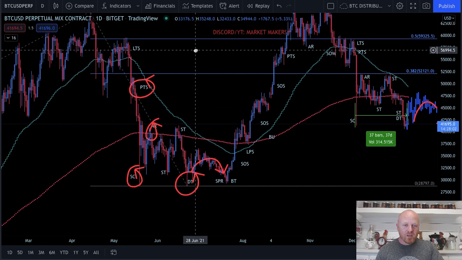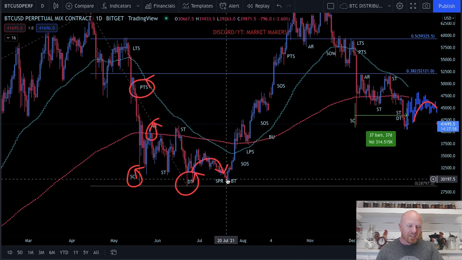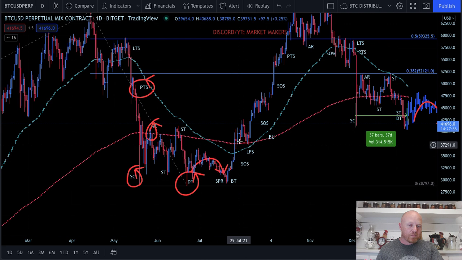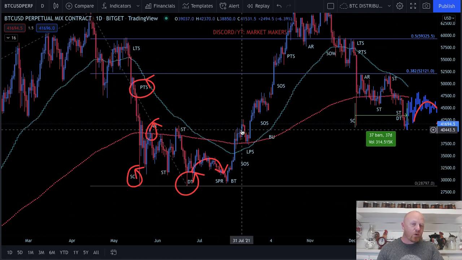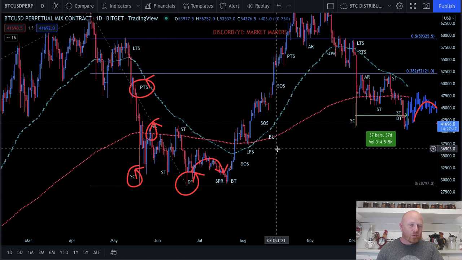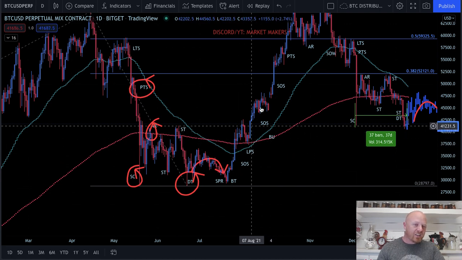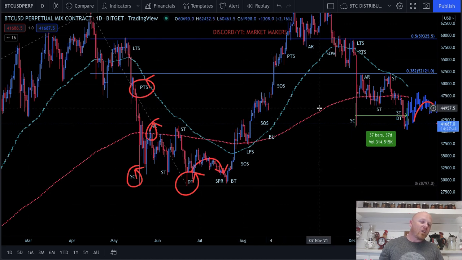This area over here, we got the death cross right up here, we got the price decline, and that led to the explosion up, right? Moving out of phase 4, we get strong markup, signs of strength, and we got our last point of support right here, and then another sign of strength, and this is where you're reaccumulating, okay? So this is all what we want to see. And I'm really happy with the way it's developing so far.